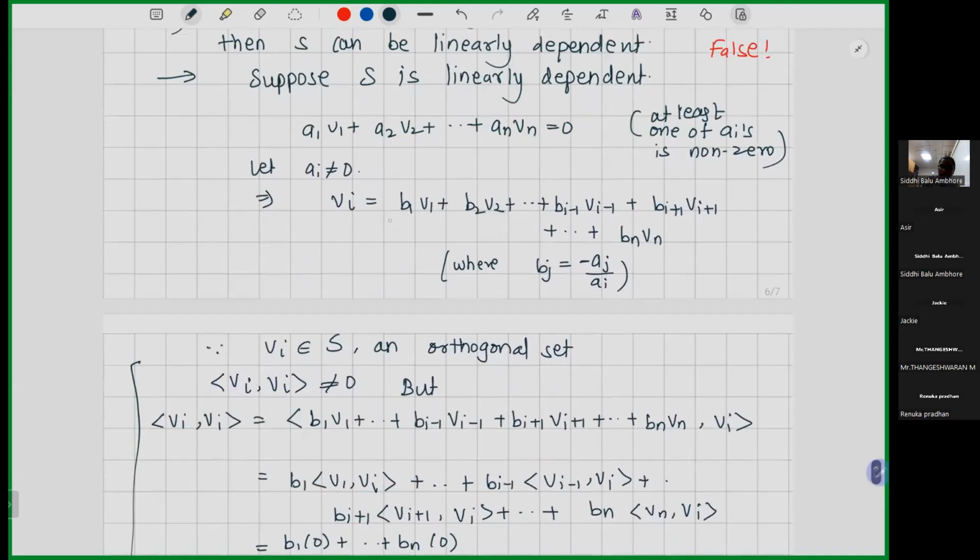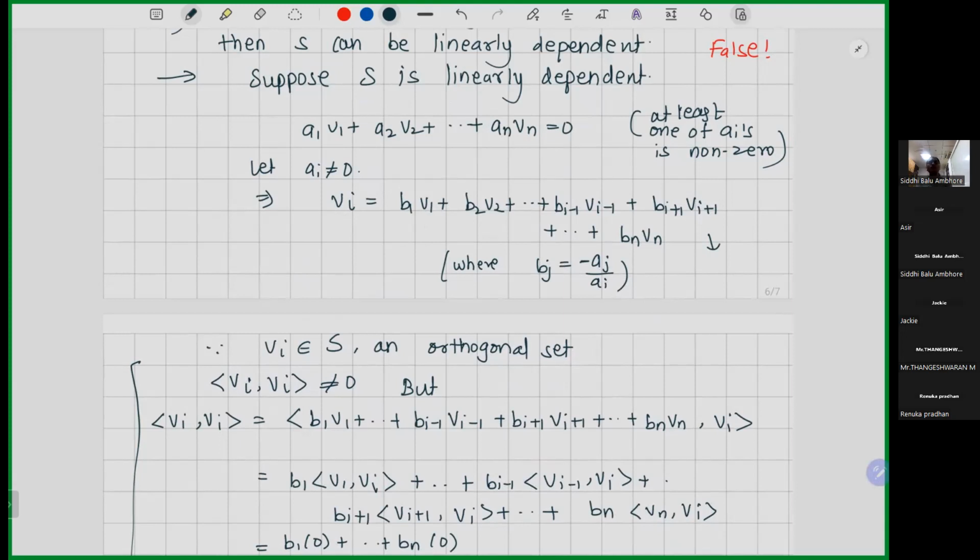We can do that from here itself. From that proposition the result follows, because vi has inner product 0 with all of v1 to vi-1 and vi+1 to vn, and this vi has now become a linear combination of them, so vi comma vi has to be 0 from the proposition mentioned by the sir.